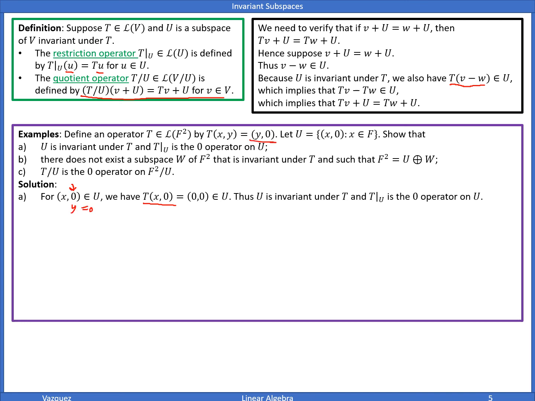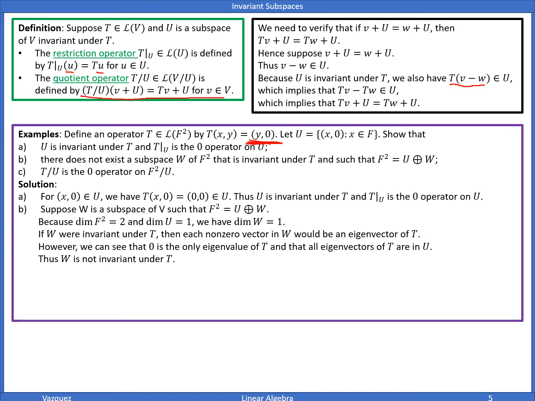And our operator is telling us that we map to y0. So y is 0, and then we have 0, so that's why it's 0, 0. And 0, 0 is in U, right? Because we can just let x equal 0, and now it's in U. Therefore, U is invariant under T, and T restricted to U is the 0 operator on U.